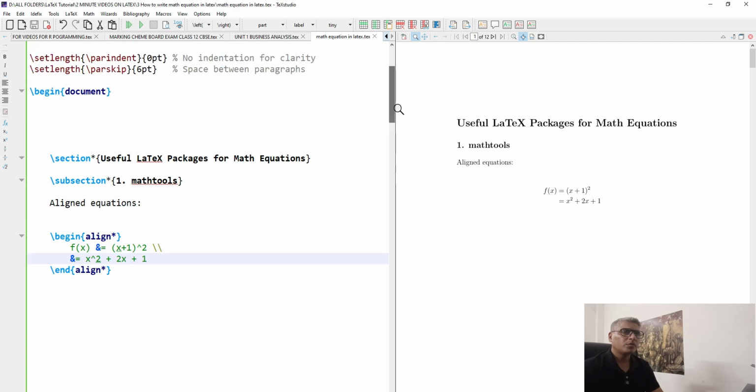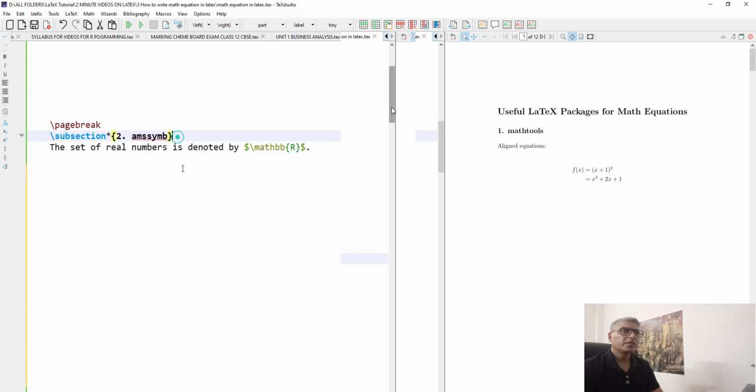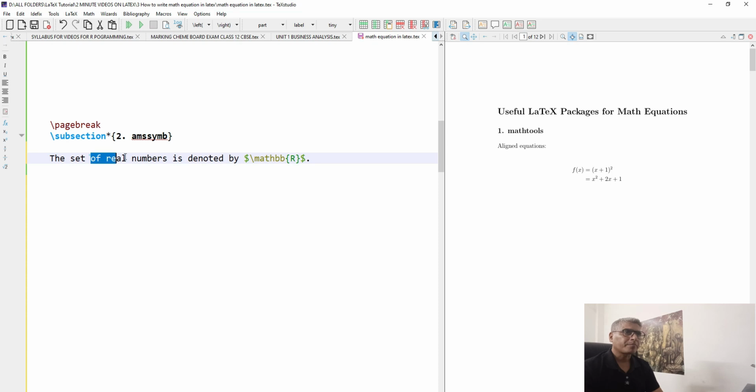Now let's understand our next package, which is very important in writing mathematical equation. This is basically the amssymb package. Let's understand its usage. As we have written, the set of the real numbers is denoted by $\mathbb{R}$. If we see the output here, we are representing this R as a real number.